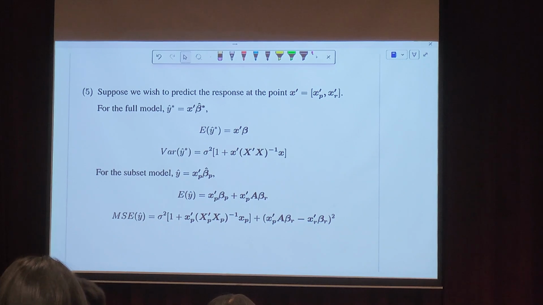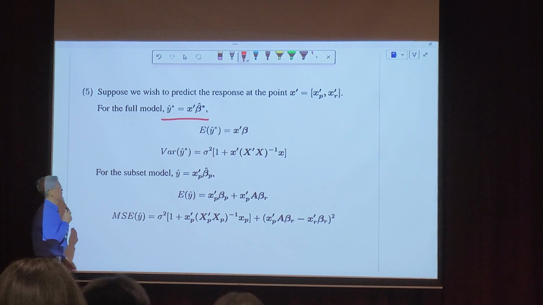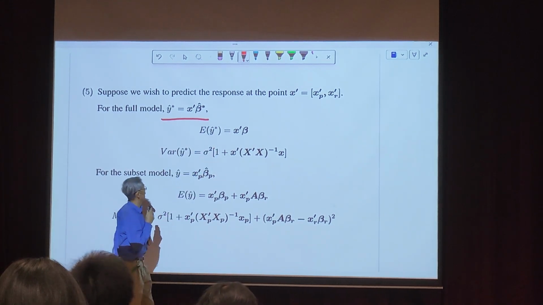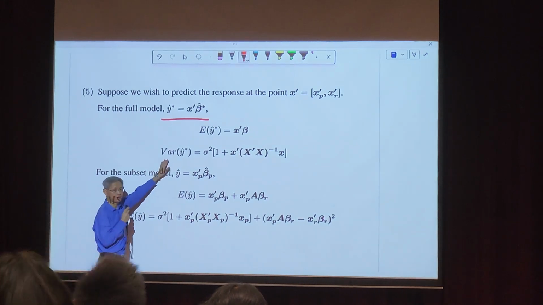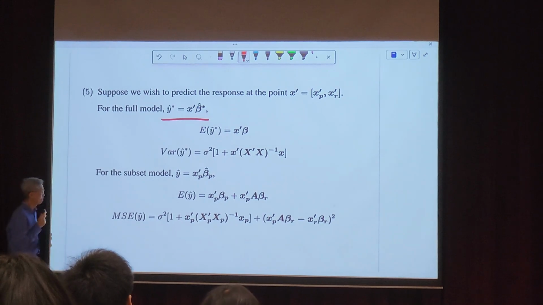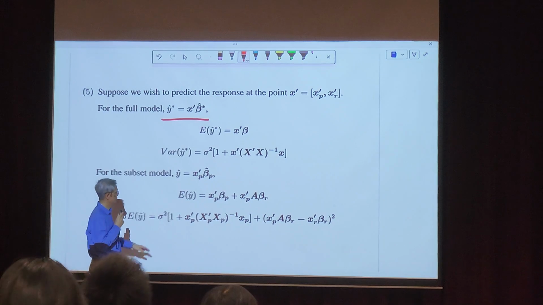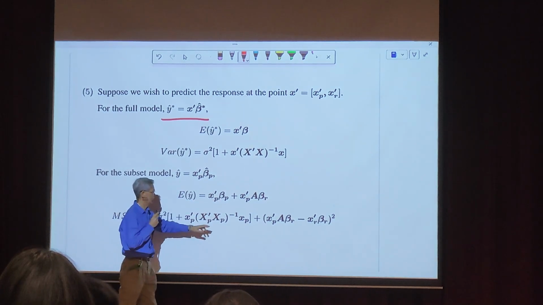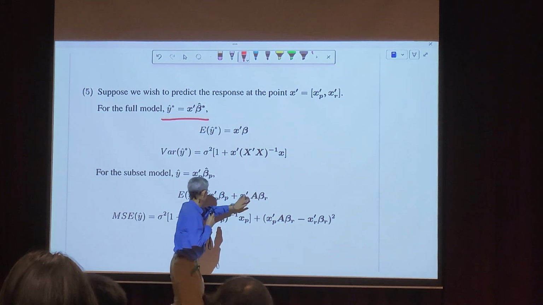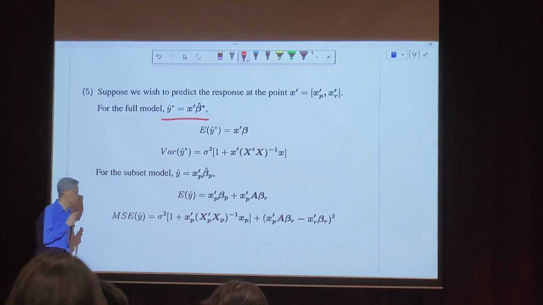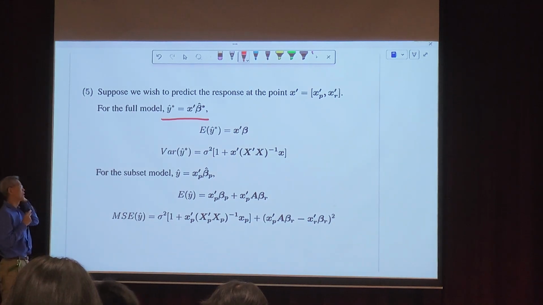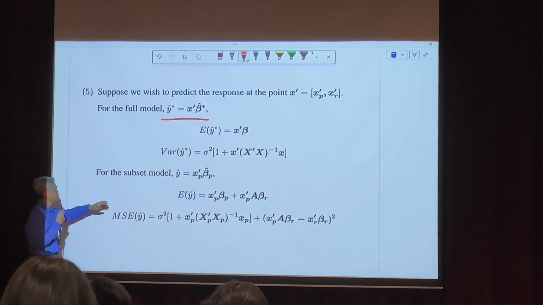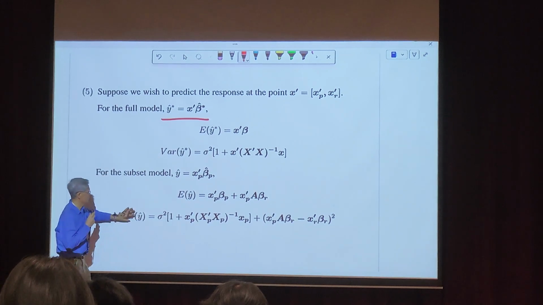For the full model, we use x prime beta hat as the predictor, and it is unbiased, and that is the variance. For the subset model, it is biased unless this part is 0. So there is a difference between the full model and the subset model. This is the variance, and this is the mean square error.